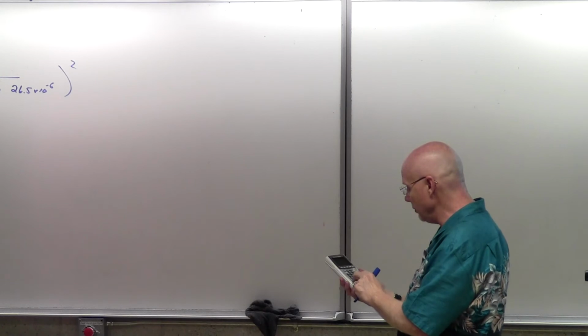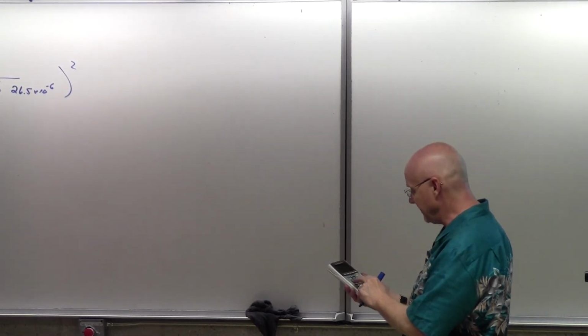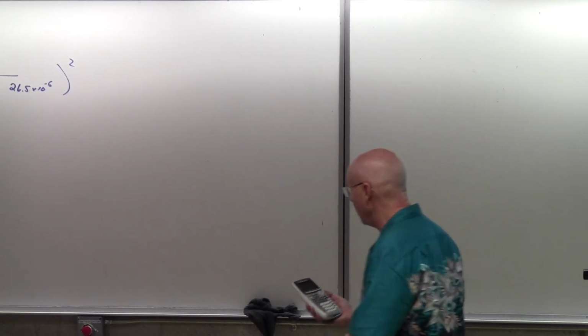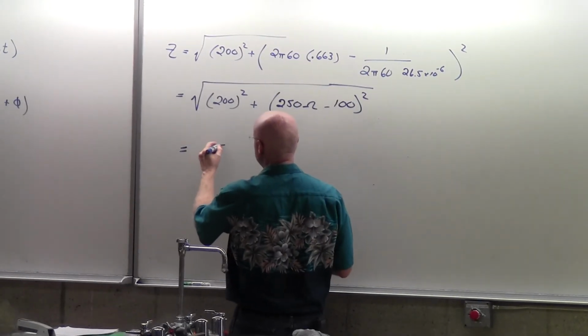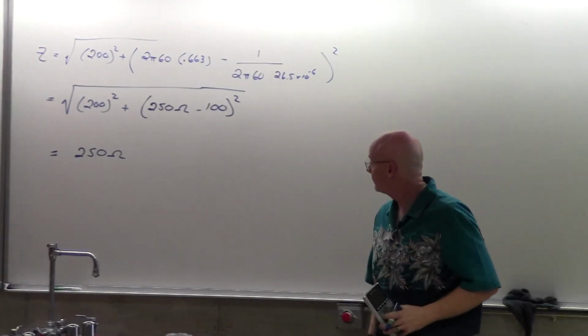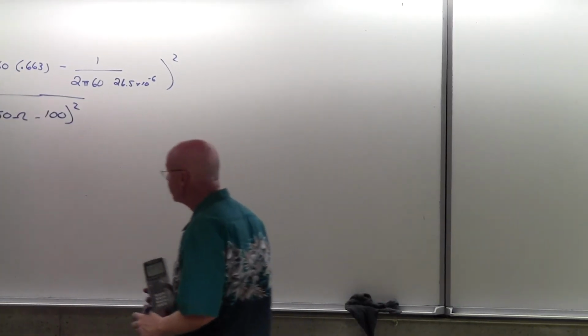So I have 200 squared added to 150 squared, and then taking the square root of all of that, I get 250 ohms. All right, so that's the total impedance.